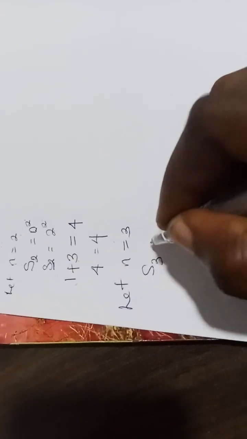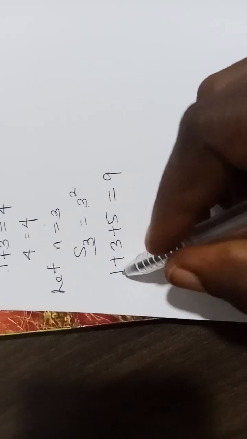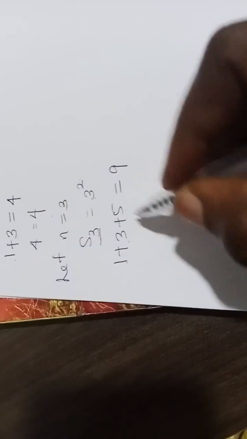S3 is going to be 3 to the power of 2, and S3 means the sum of the first 3 terms, so this is 1 plus 3 plus 5. 3 squared gives us 9. Add this: 1 plus 3, 4. 4 plus 5 is equal to 9. So you will agree with me that any value you choose for n, it will hold in that expression. From here to here, we are just proving to know that it is correct.